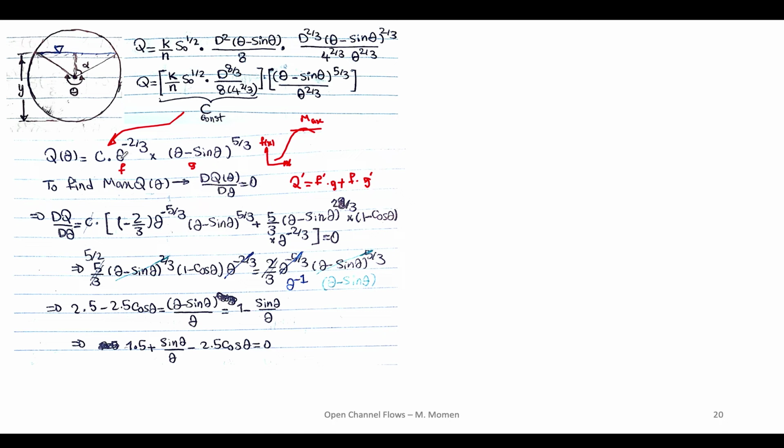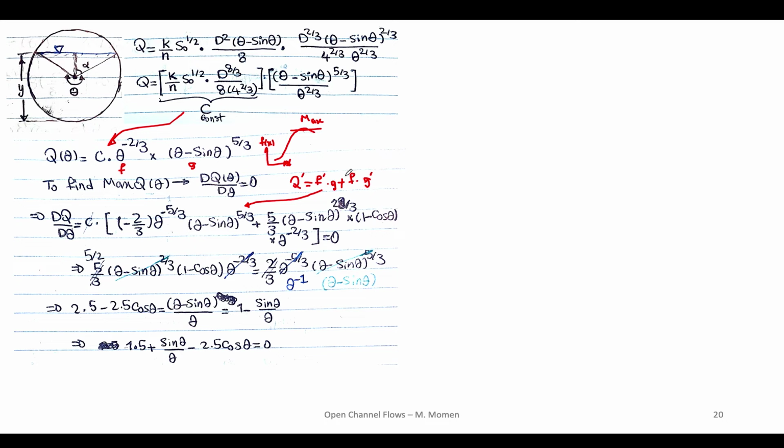So first, let's take the derivative of the first term. It's going to be minus 2/3 theta to minus 5/3, right? Then I just multiply by the second function, which is g, which is theta minus sine theta to power 5/3. Okay, so this is just this.